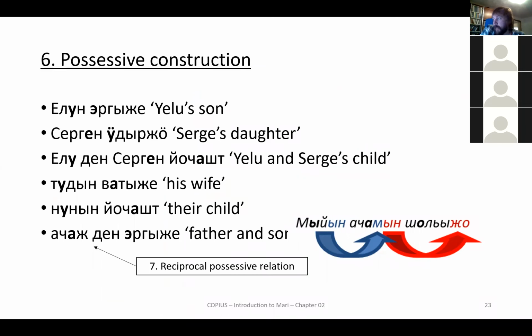My feeling is that the first one is optional, that you could have acha den ergische, father and the child. But you do encounter this a lot, that you have a two-way relationship. This is something that I would want to look in the corpus before I make too bold statements about it. Okay, thanks. Write in the Discord channel, and if you write in the Discord channel, I can look up in the corpus what I find and share my findings.